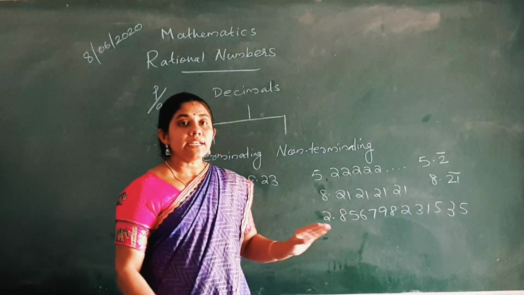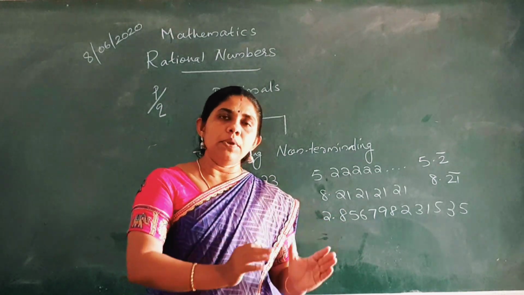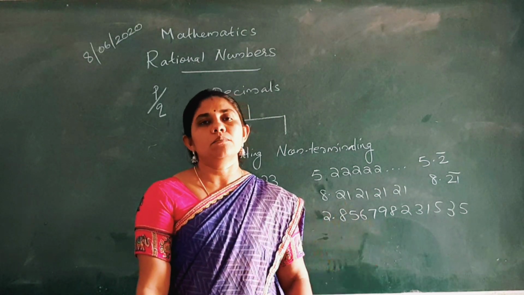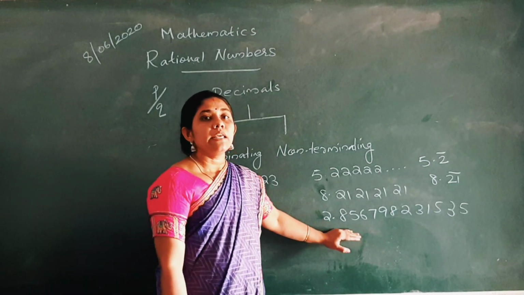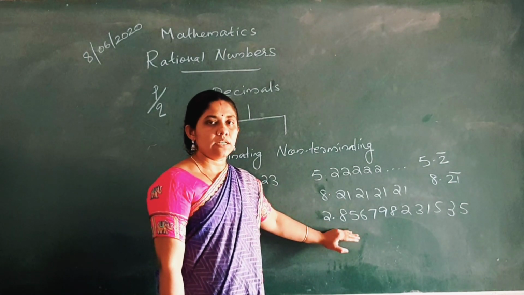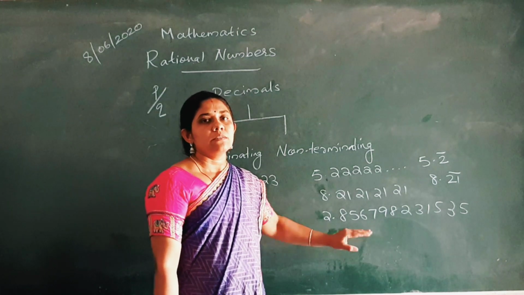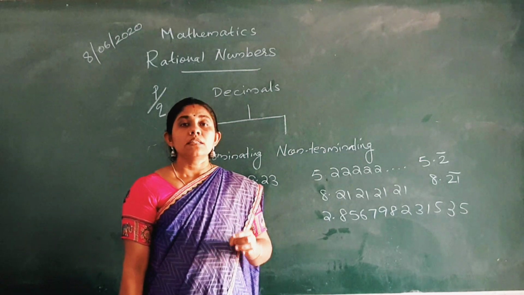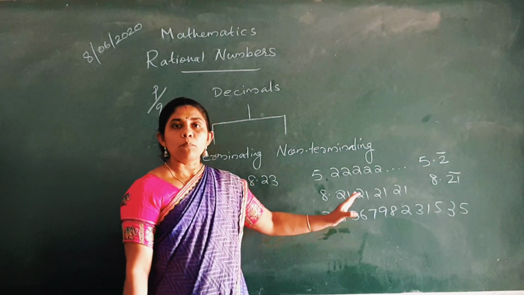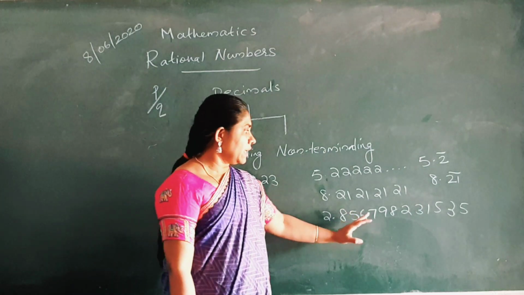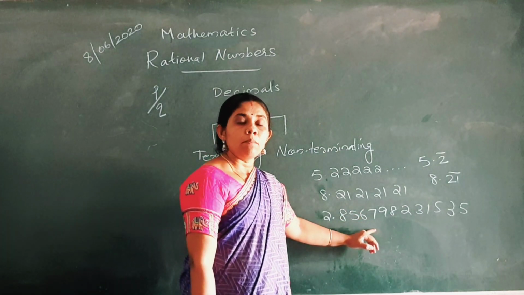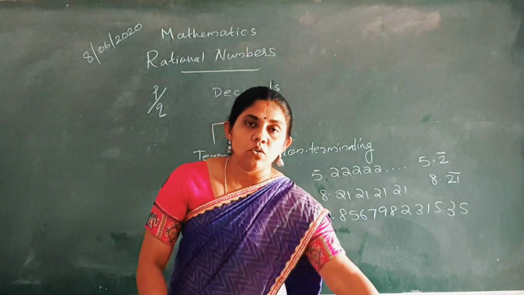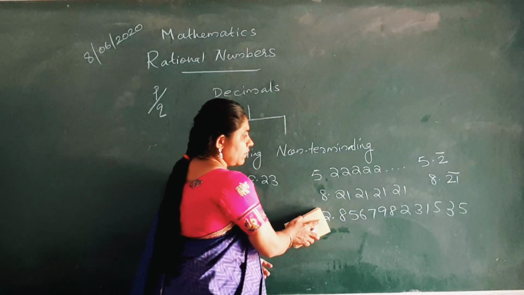Non-terminating, non-repeating decimals are classified as irrational numbers. What do you mean by irrational number? In the previous class also I gave some examples: root 2, root 3, pi. After the decimal point, these numbers are non-repeating.